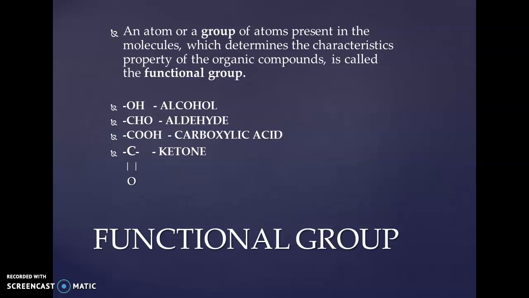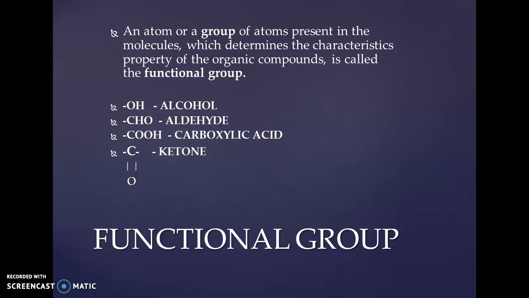So these are the 6 characteristics of homologous series. Now let us know more about functional groups, because only then can we understand the homologous series which contains a functional group. So what is a functional group? An atom or a group of atoms present in a molecule which determines the characteristic property of the organic compound.